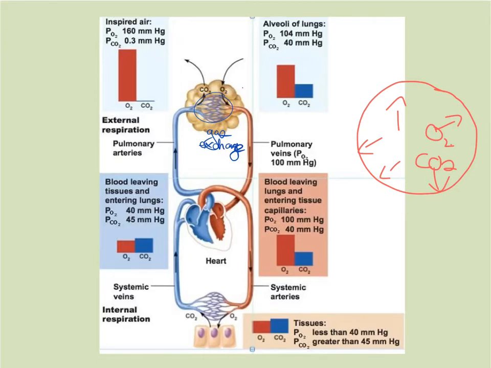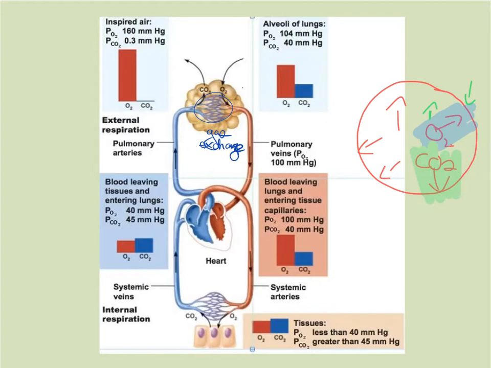Collectively, all those gases make up the pressure within the bag, but each gas is responsible for its own pressure. So the partial pressure of oxygen, the partial pressure of carbon dioxide, and oxygen will move from high to low, as will carbon dioxide. And that's how carbon dioxide and oxygen can move in opposite directions within your blood.